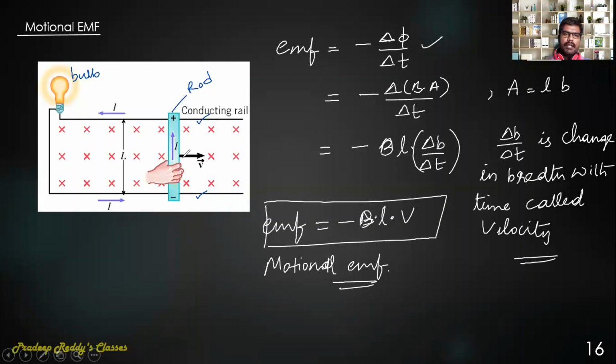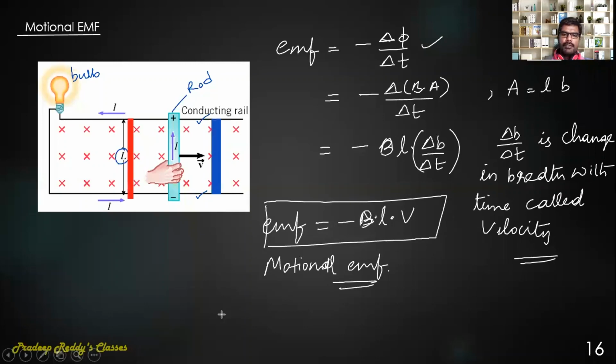If I am moving this conducting rod to the right side, the length of the rod is L. Is the length of the rod undergoing change? Length of the rod is not changing. But as you are moving outward, the breadth of the conducting circuit, the area of the loop, keeps increasing. Say, for example, the rod is now coming to this new position. Likewise, the rod can be brought to this new position.